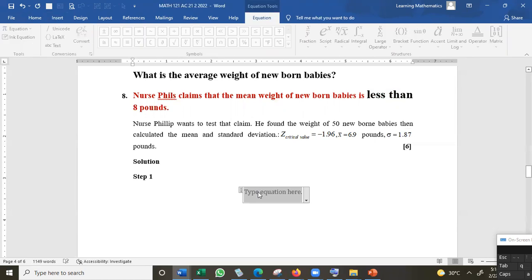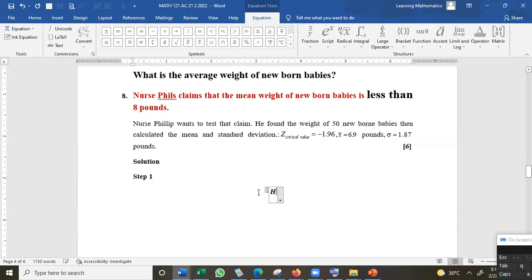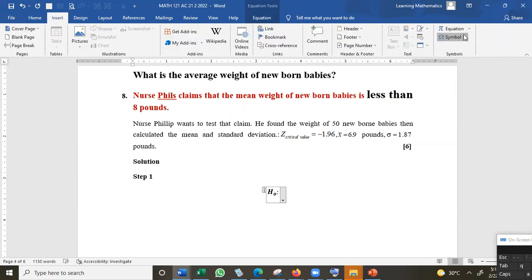Meaning your H0, the mu symbol, mu for mean, population mean. Here it is. So we're converting that sentence in words to symbolic form.